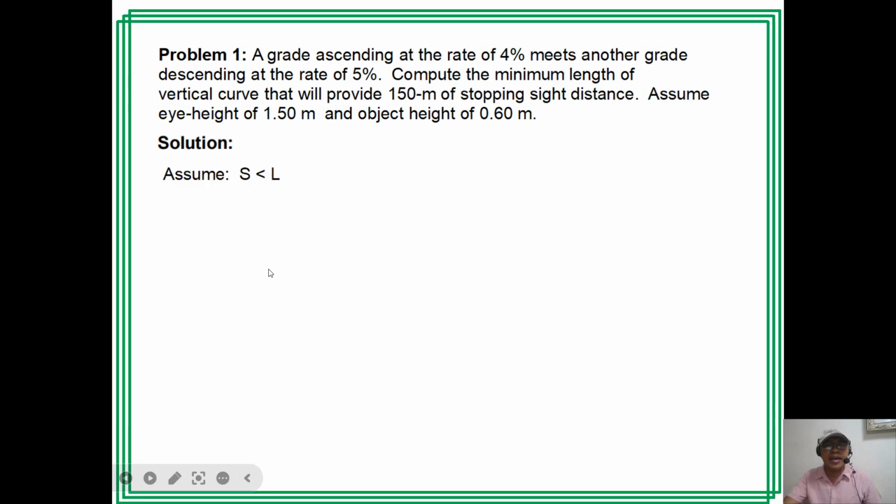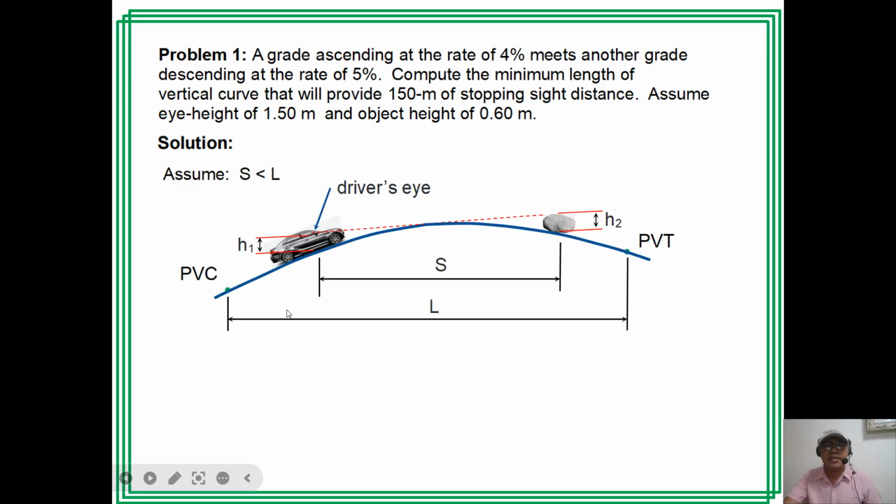So we have a summit curve here, the vertical curve from PC to PT. The back tangent has a 4% grade and the forward tangent has a 5% grade.